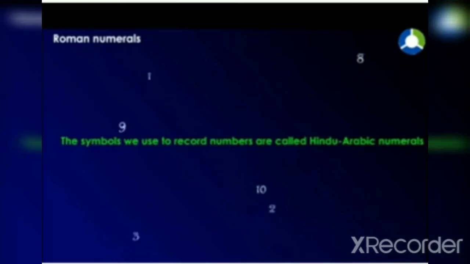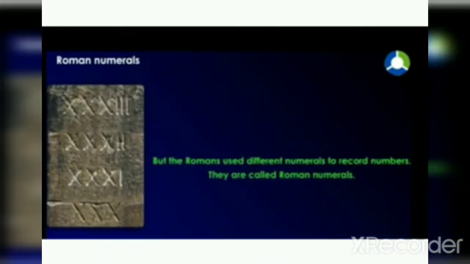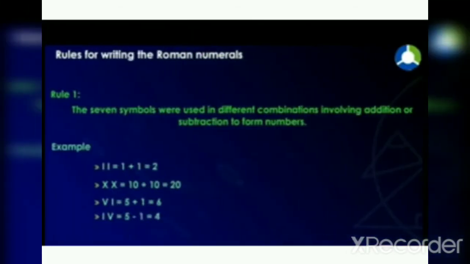But if we want to compare, Roman numerals are a different set of numerals used to record numbers. So, before starting learning how to write Roman numerals, we should understand a few rules of writing them.